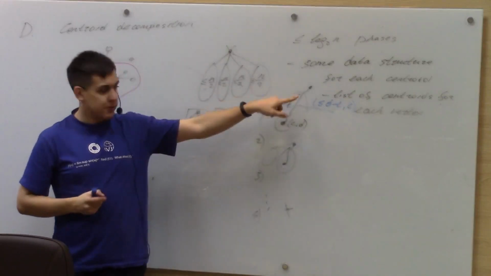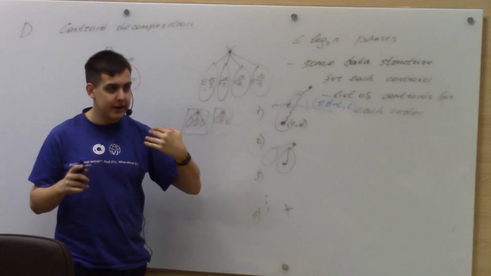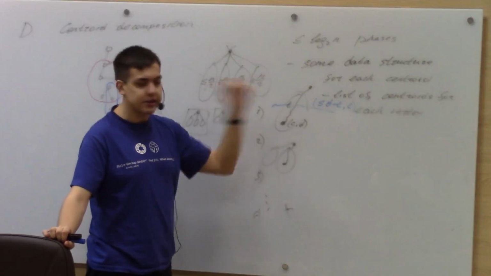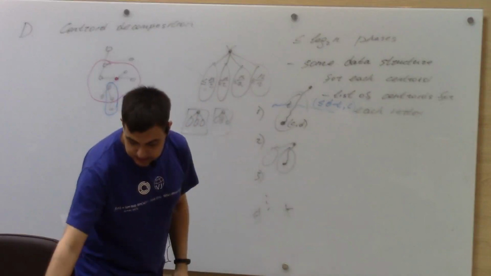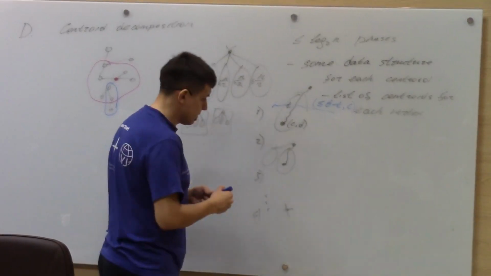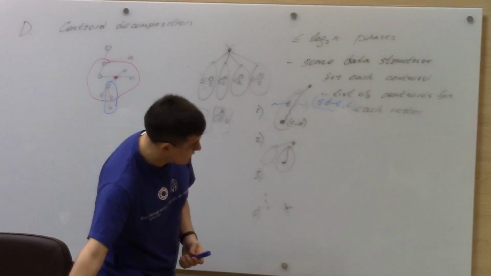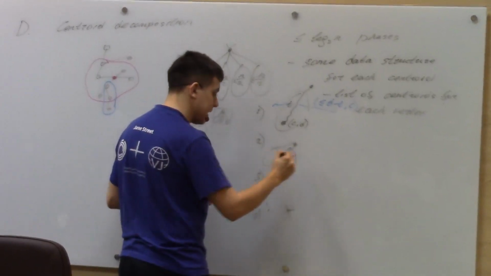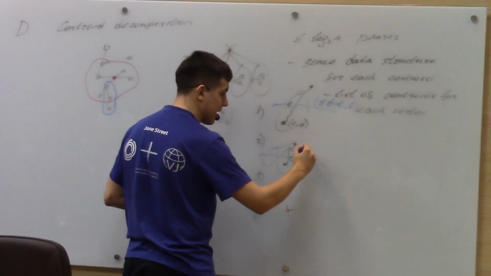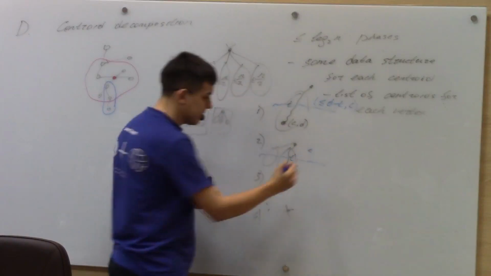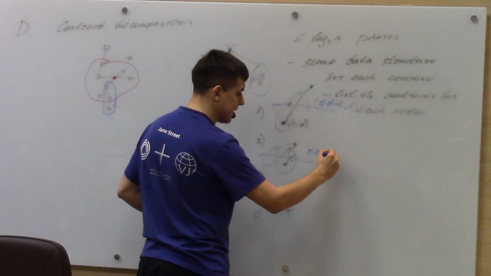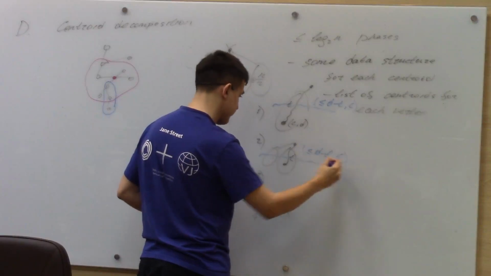So for the first centroid, I'll add the query: color all the vertices that have distance at most D minus T to the root into color C. I will do the same for the second centroid. Here we have some other distance, D prime, and there will be another query: color all the vertices that have distance to this centroid at most D minus T prime into color C. And so on.